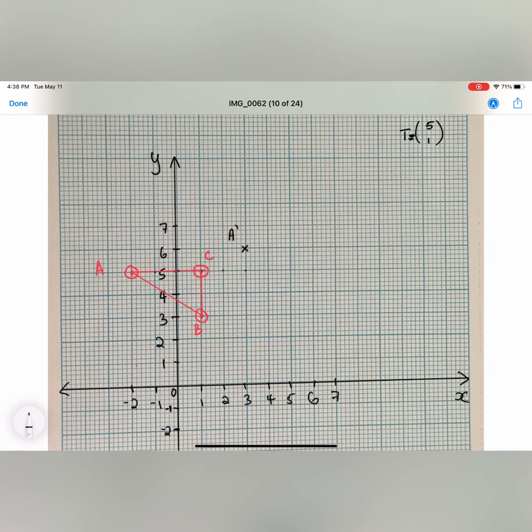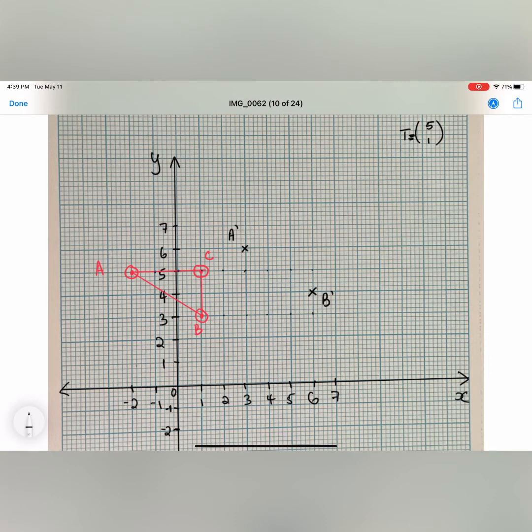Then you're going to do the same thing for another point. So for B, we are going to move 1, 2, 3, 4, 5 points to the right and then 1 unit upwards. So that's going to be B prime, which will have coordinates (6, 4).